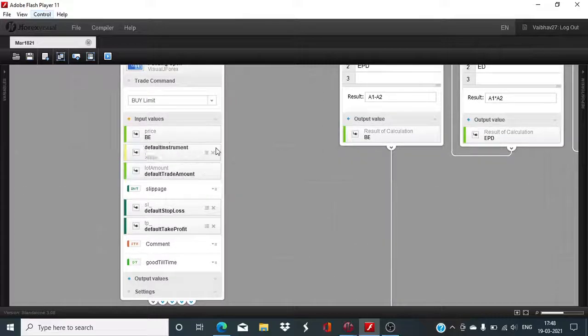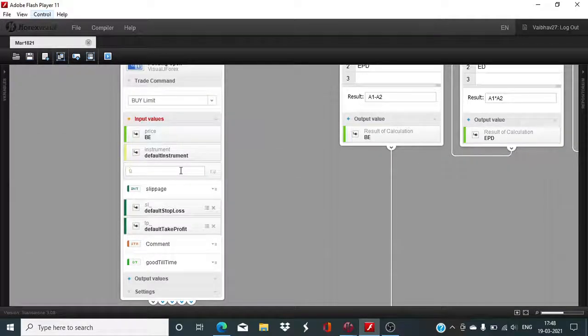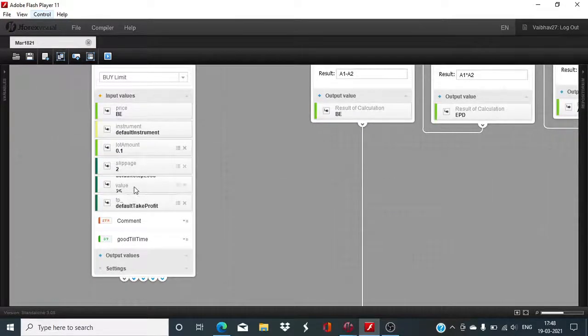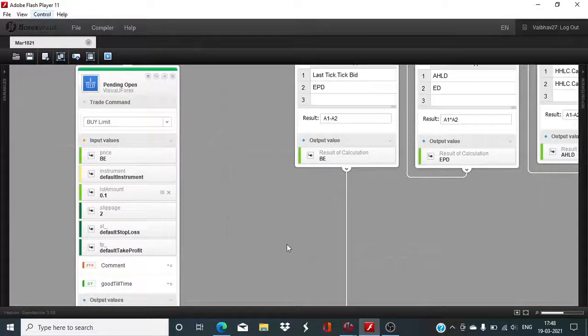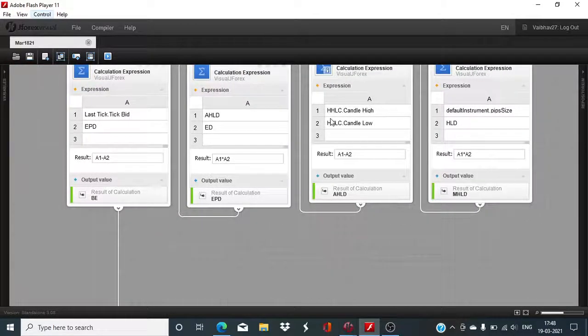Default instrument, trade amount. You can change this anytime, and I would suggest you keep it as per the equity of your account. Then comes the question of defining stop loss and take profit. Given the fact that these are the setups which are going to involve historical hourly values, hourly price action, I would say that we will keep the stop loss and take profit dynamic, and for that we will have to take into consideration the actual price action volatility.